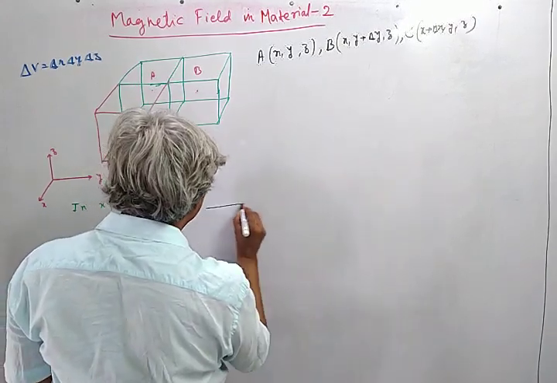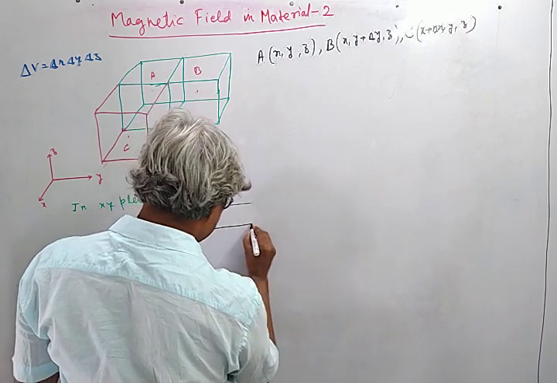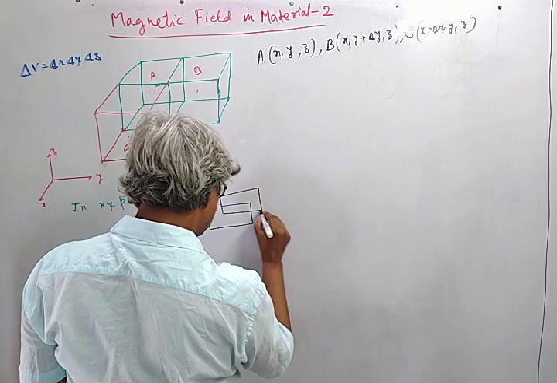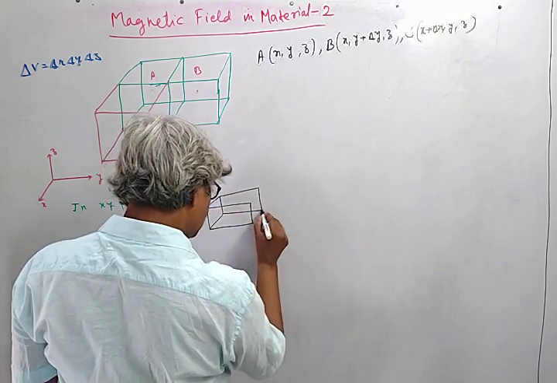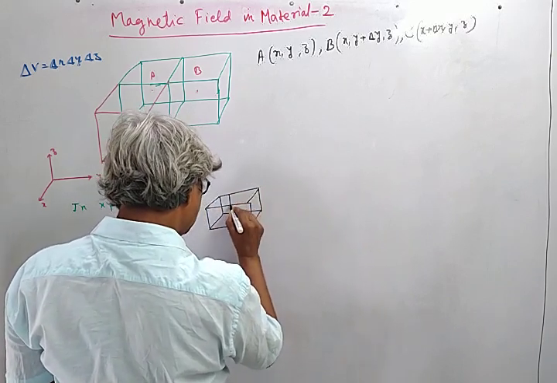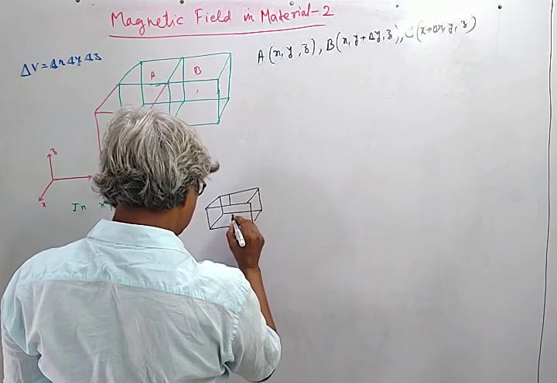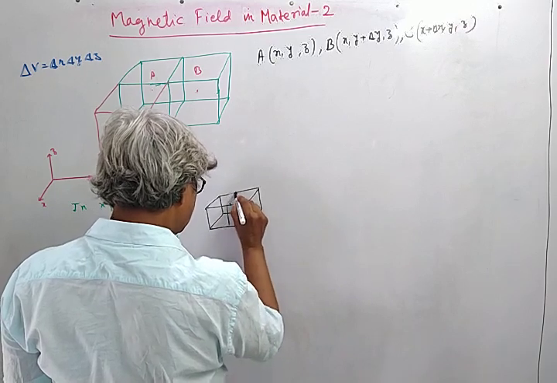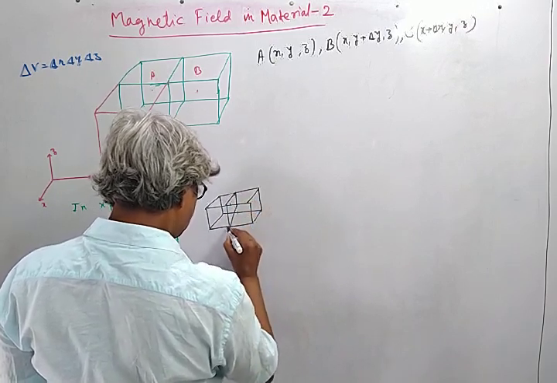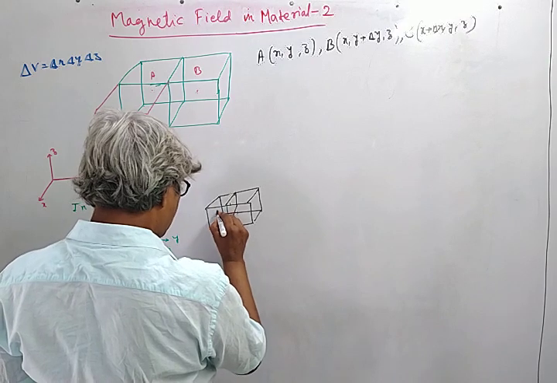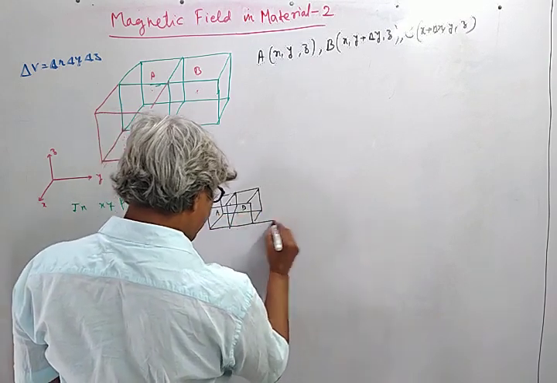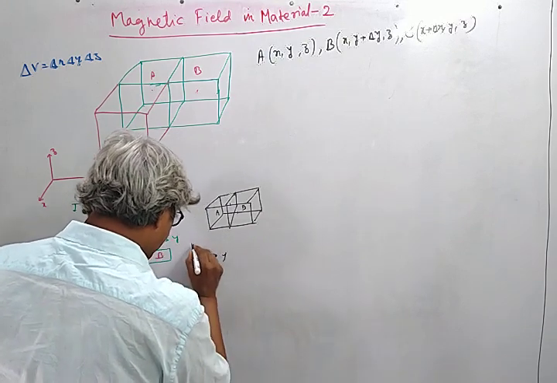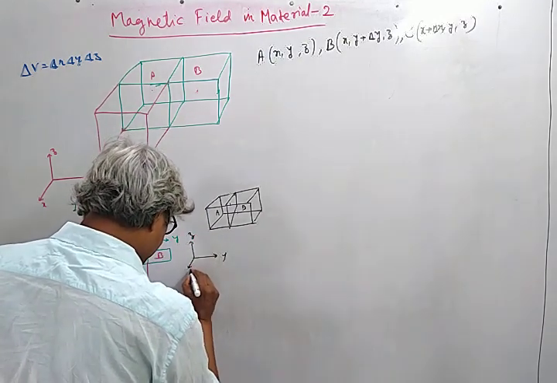Let me draw these two. This is A, this is B, this is the y direction, this is the z direction, this is the x direction.